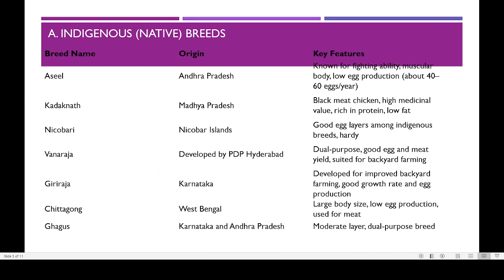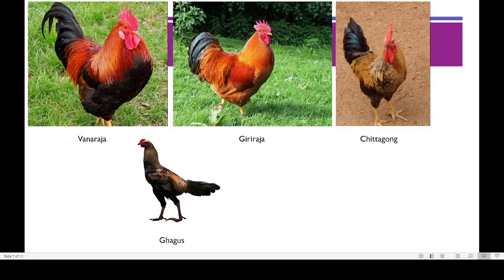Then if you go to Karnataka, there you can find Giriraja, which is also improved for backyard farming. It has a good growth rate, and they are also good for producing eggs. Here you can see a picture of Giriraja. This second one is known as the Giriraja.